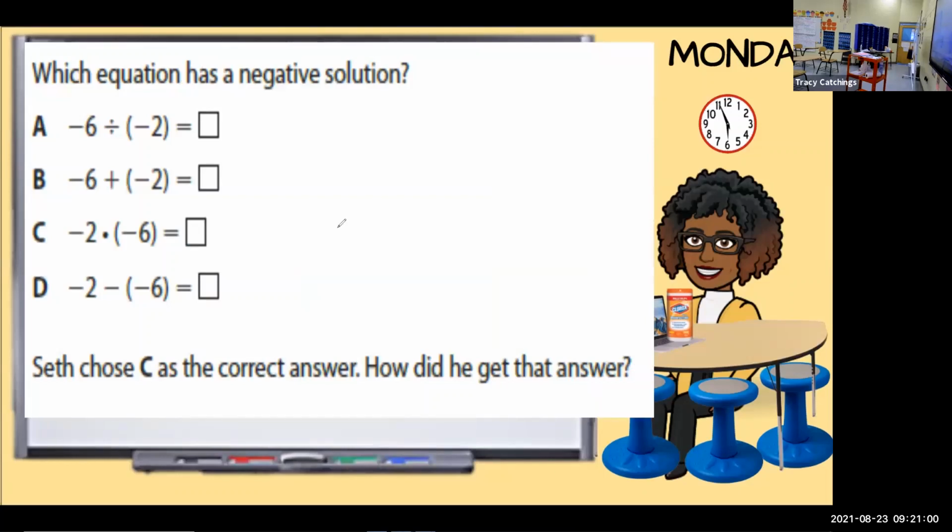All right, I'm gonna give you about 30 seconds to a minute. See if you can read this problem and figure out the answer.